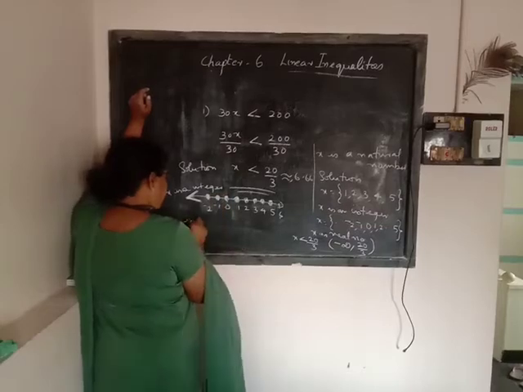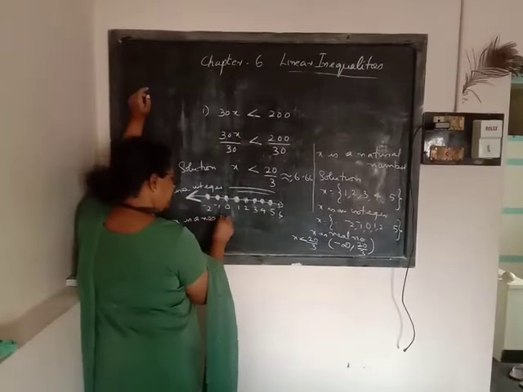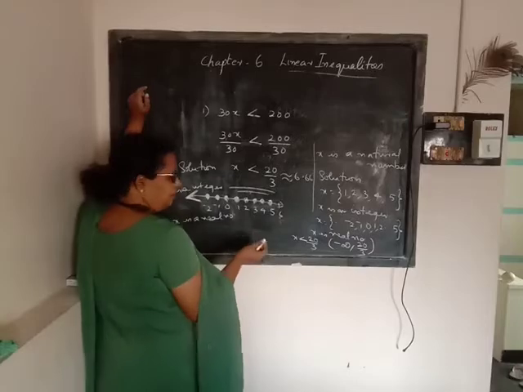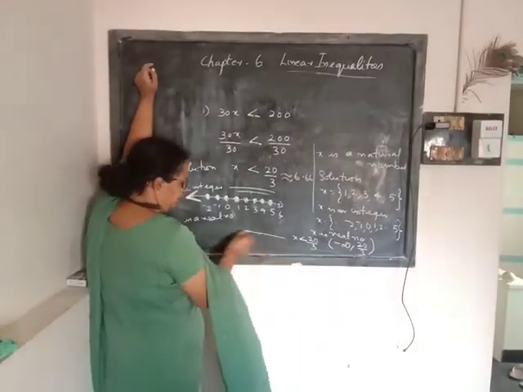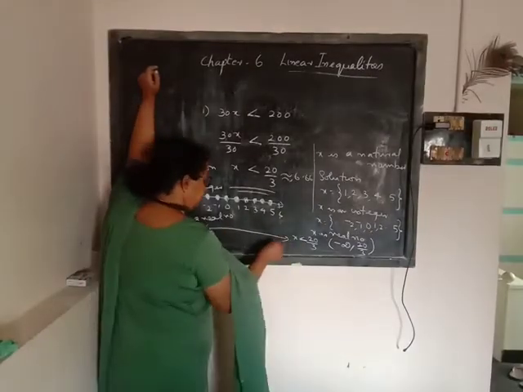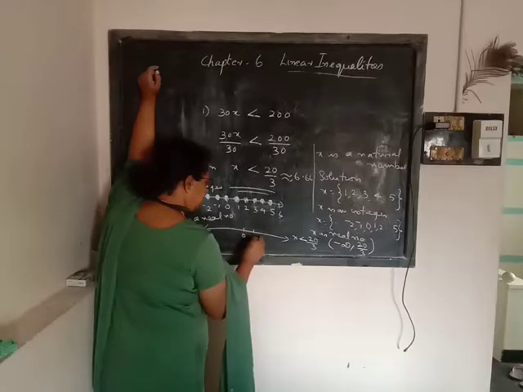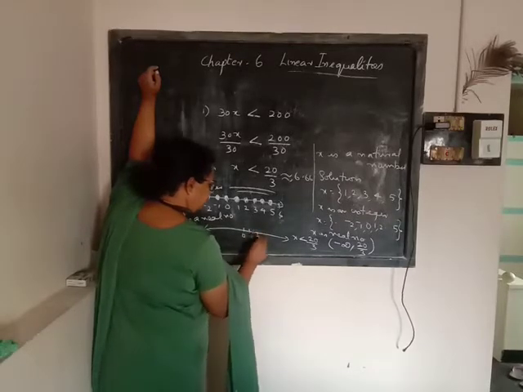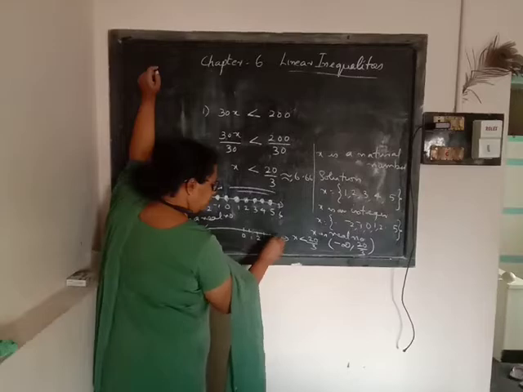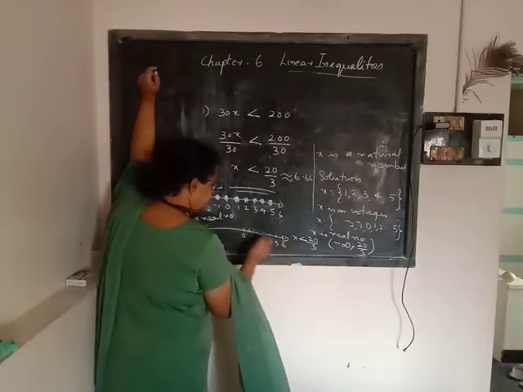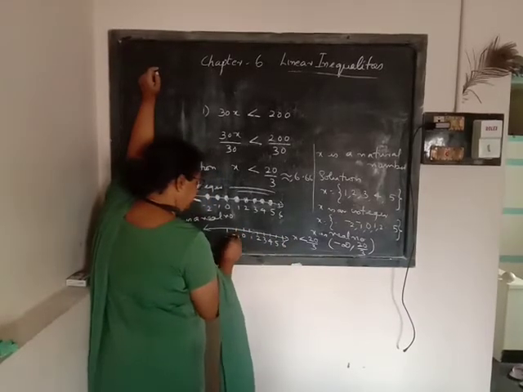When x is a real number, how will we do it on a number line? Again, the number line: 0, 1, 2, 3, 4, 5, 6, -1, -2, -3.